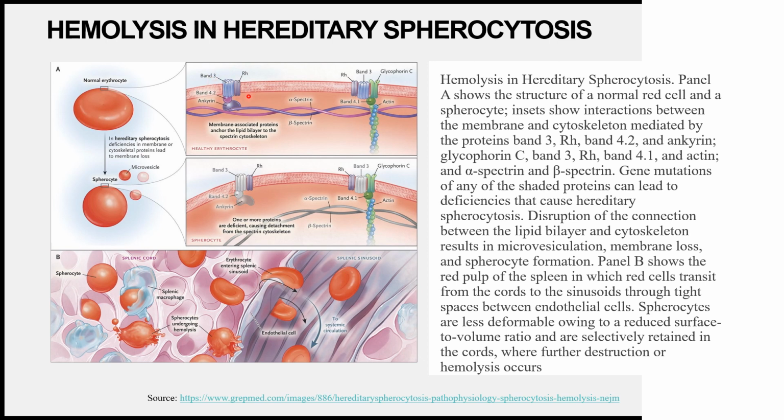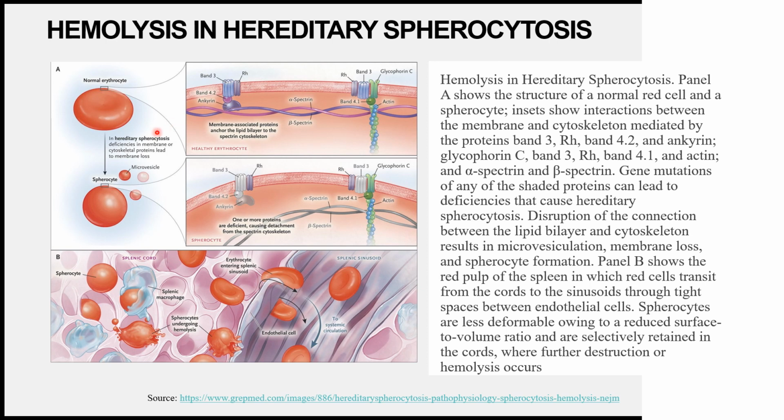These are made of various proteins such as band 3, band 4.2, ankyrin, and here you can see glycophorin, actin, and so on. This interaction mediated by the transmembrane proteins provides flexibility and mechanical support to the red blood cell when they go through circulation.